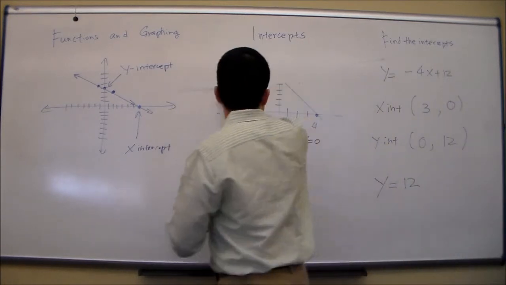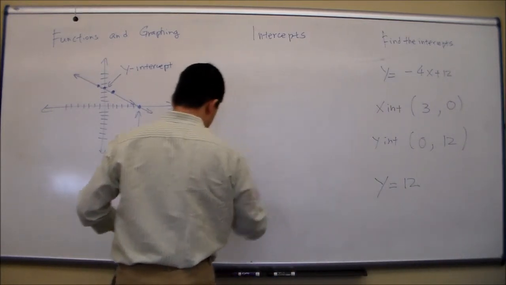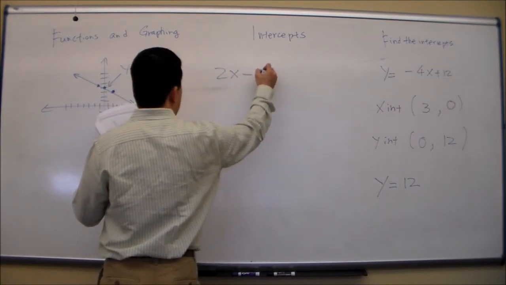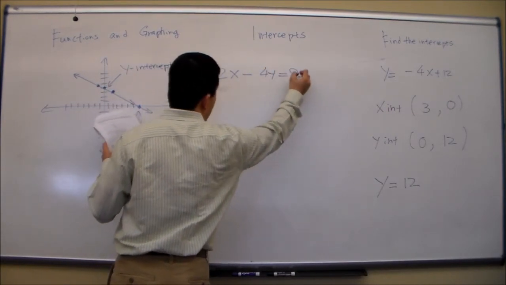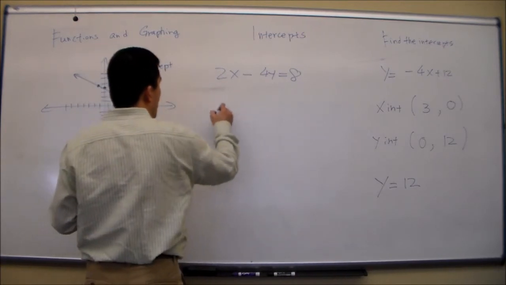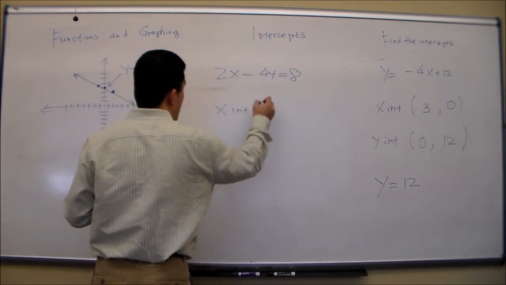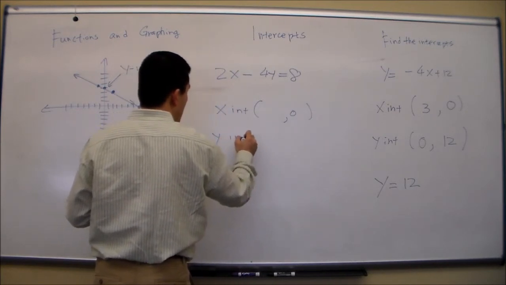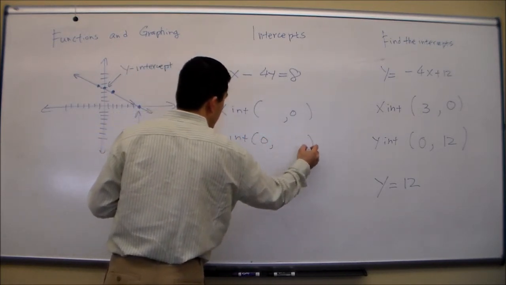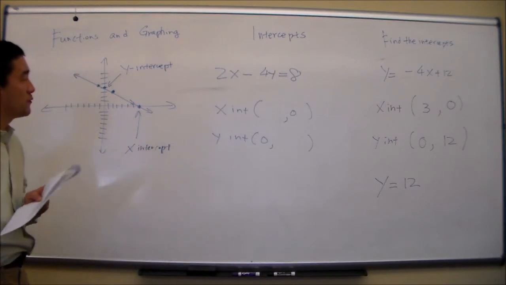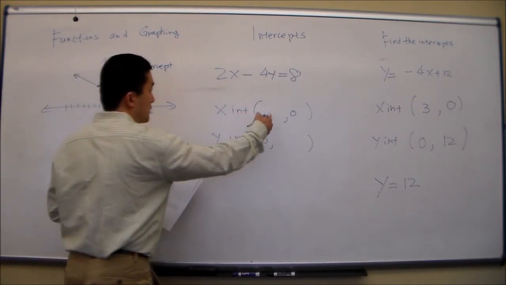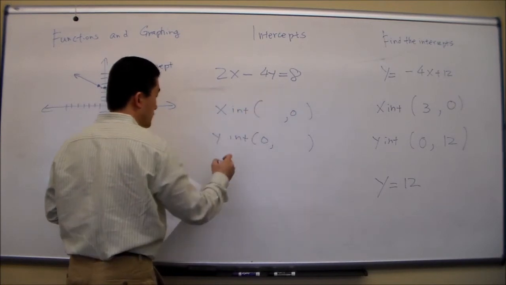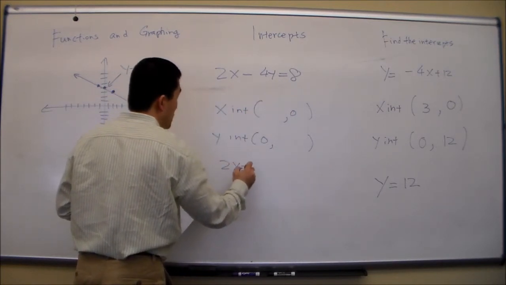So let's do a different one. 2x minus 4y is 8. I already know this much. So let's figure out the x-intercept, the x value. I'm going to plug in the 0 where the y is. So 2x is equal to 8.